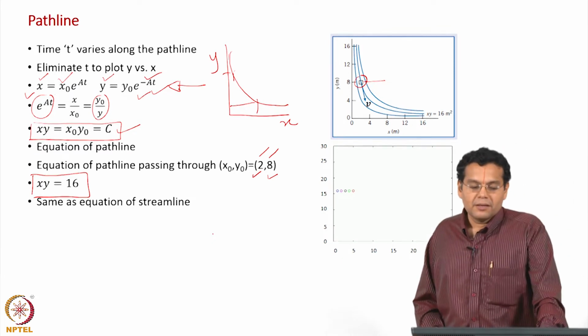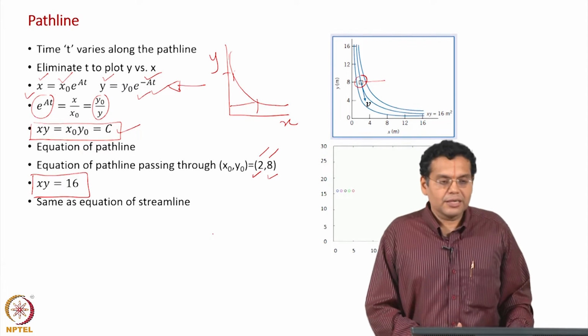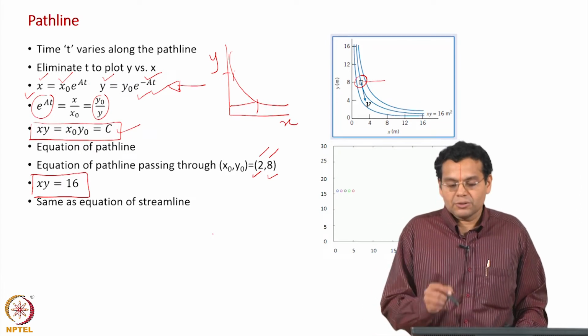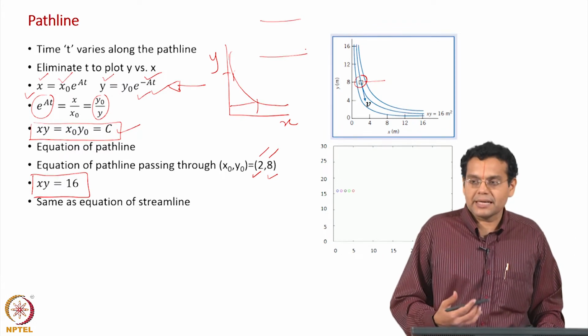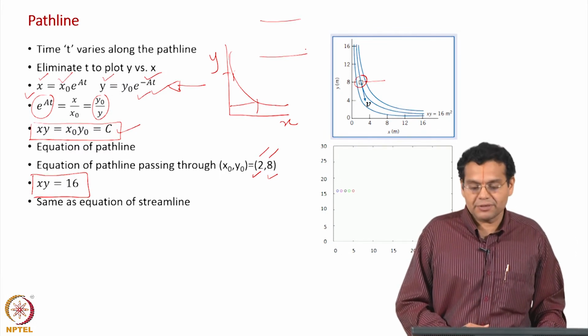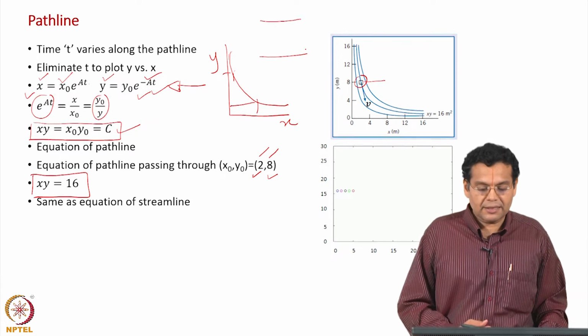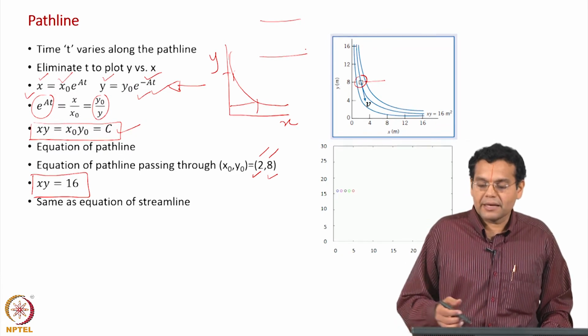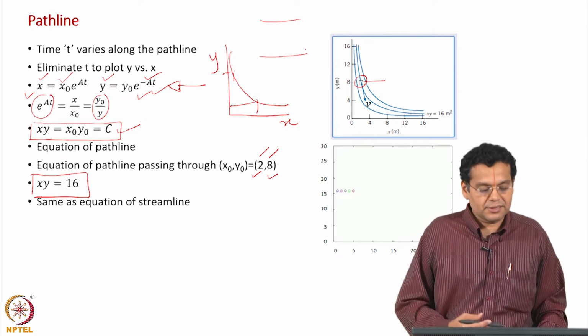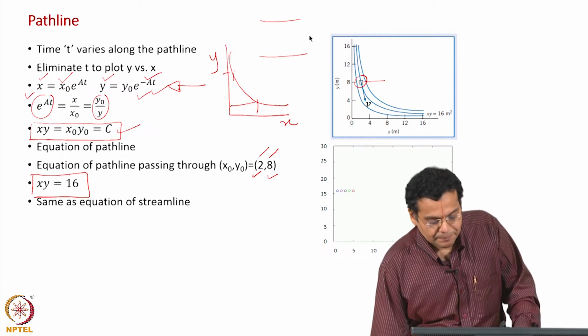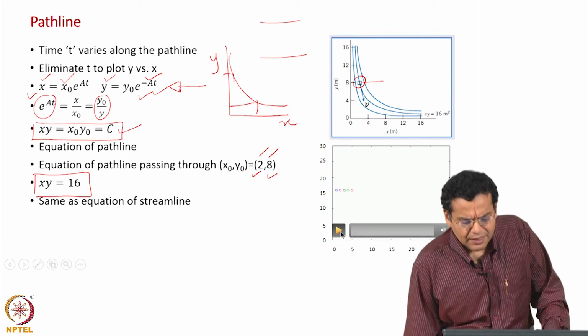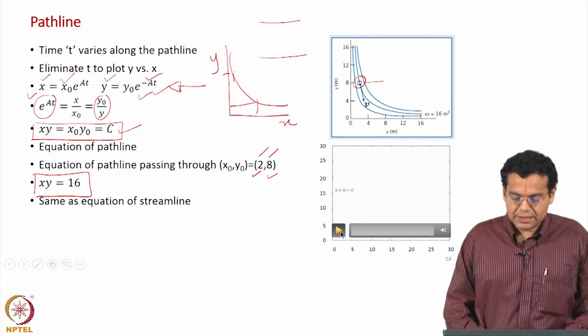Okay. We have seen that for steady flow, we also have a demonstration through flow between parallel plates that path lines and streamlines coincide for steady flow. We have seen another example now where the path line coincides with the streamline in terms of equation as well. Okay. So, let us have a demonstration here.